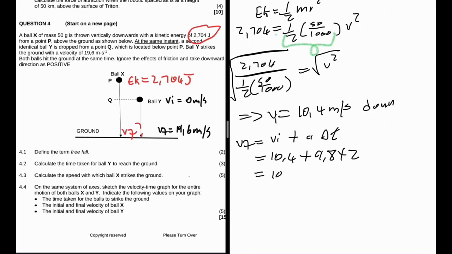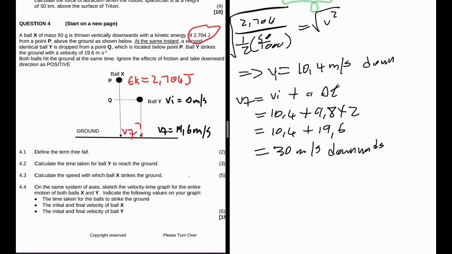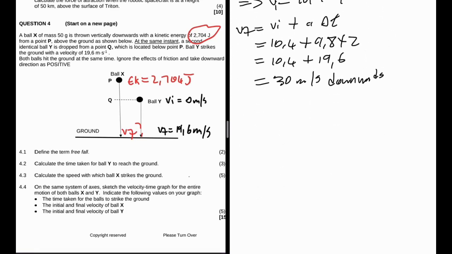So we basically have 10.4 plus 19.6, which is going to give you 30 meters per second. So where do we go from here? 30 meters per second down. We are only interested in the speed, so we don't have to give the direction, but it doesn't hurt doing so.